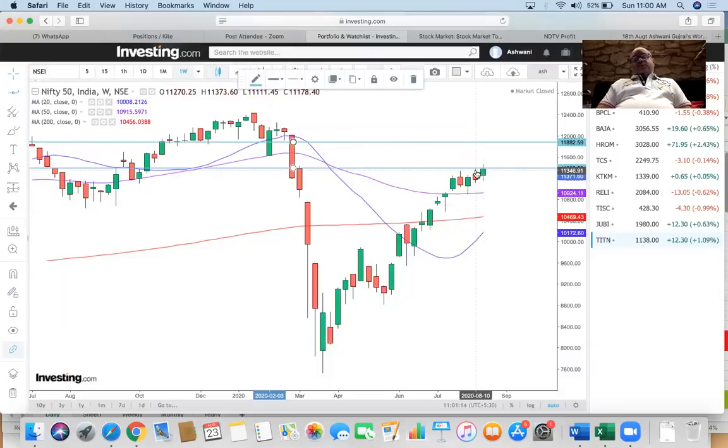So from current level, your stop is about 100 points and your target is about 500 points.